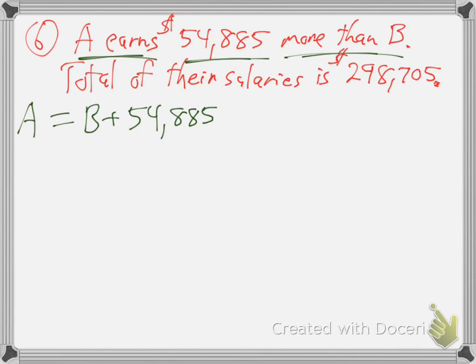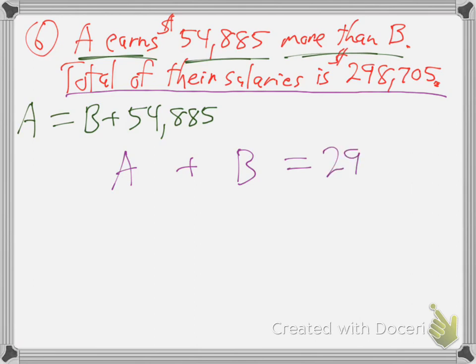The general game plan: it says the total of their salaries. So I'm going to go A plus B is 298,705.